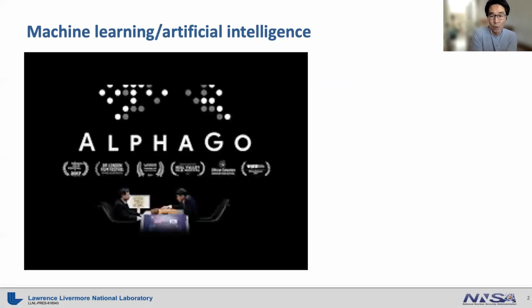As you all know, we live in an exciting time. Machine learning and artificial intelligence are surprising us with their capability and improving the convenience of our daily lives here and there. For example, I believe you all remember the machine learning based Go player, AlphaGo, defeating a top professional Go player, Lee Sedol, from South Korea.